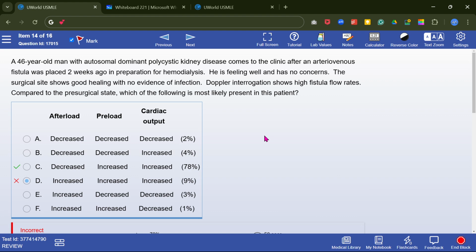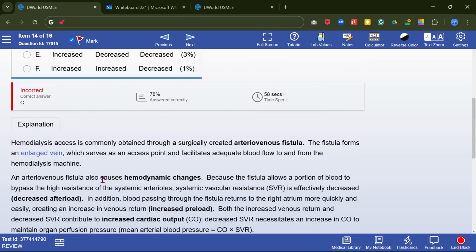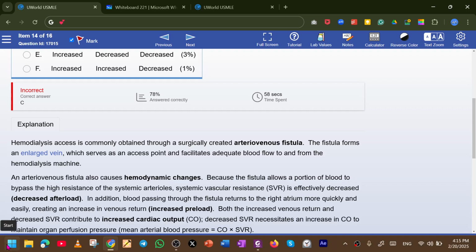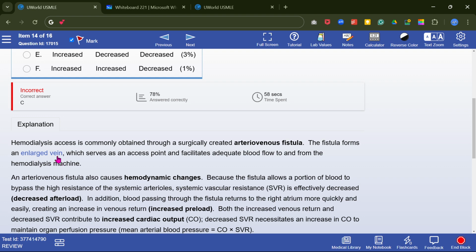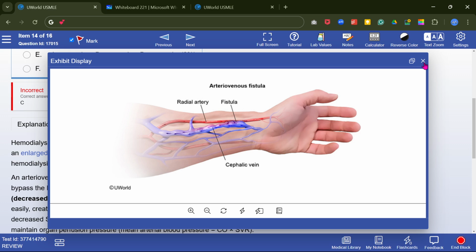Next, the arteriovenous fistula. What will you do in case of a high fistula? In a high fistula, cardiac output is increased, preload is increased, and afterload is decreased. This is seen in hemodialysis with an enlarged vein.